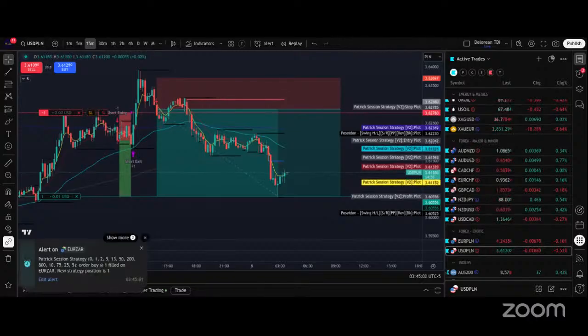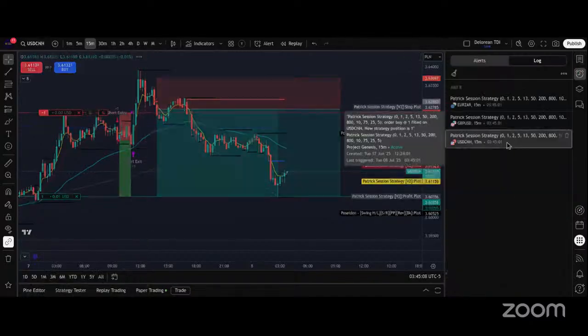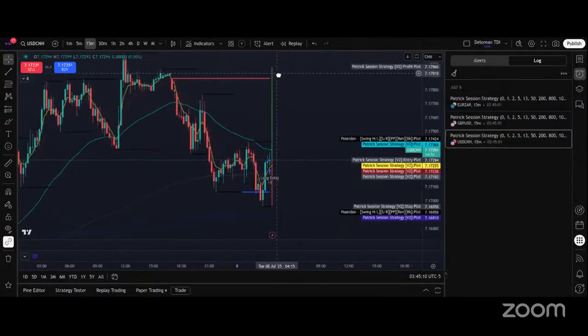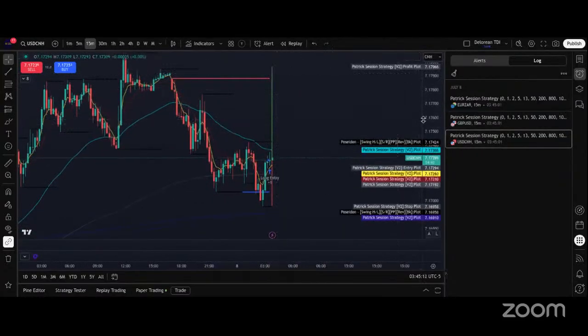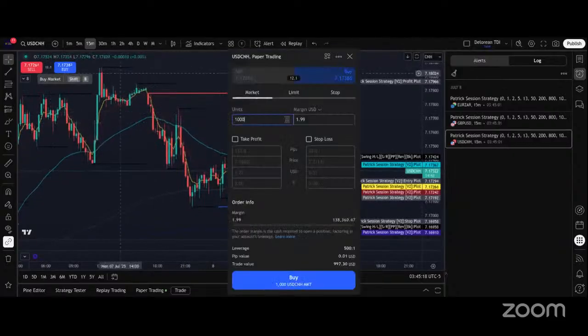All right, so looks like we do have a couple opportunities here. So let's take a look. We've got a buy on USD versus Chinese yuan, 7.17966.